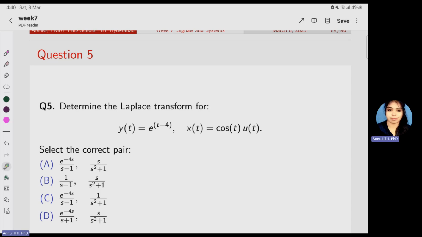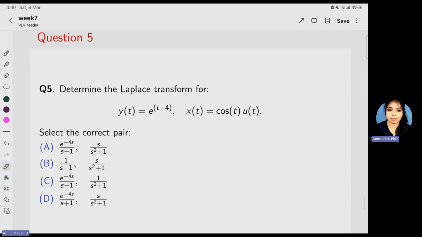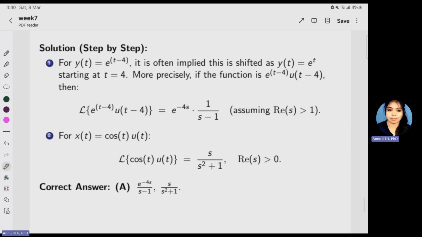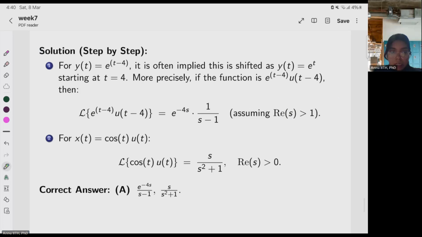So I hope by this time you have calculated the Laplace transform. Okay, let me give you the step-by-step solution. For y(t) equals e power (t minus 4), it is often implied that it is shifted, as y(t) equals e power t starting at t equals 4.